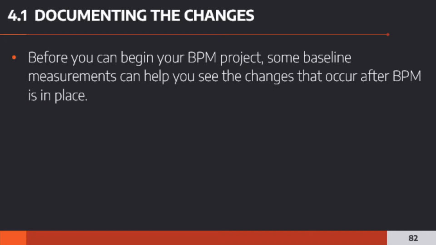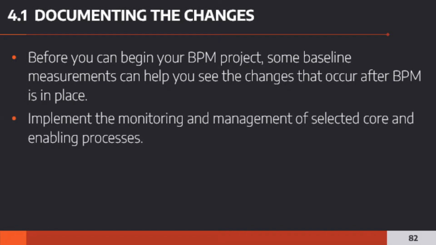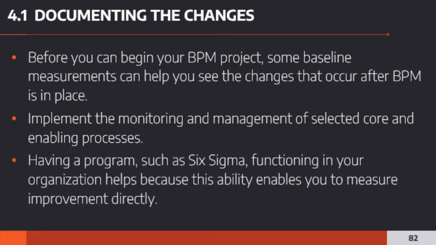This is where you will implement the monitoring and management of selected core and enabling processes, what processes are vital, and what processes can be tuned down but will still not have a large effect on the process of the business. Okay, so implement monitoring and management of selected core and enabling processes.